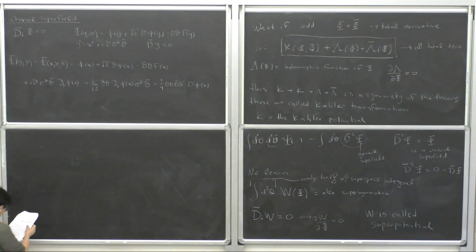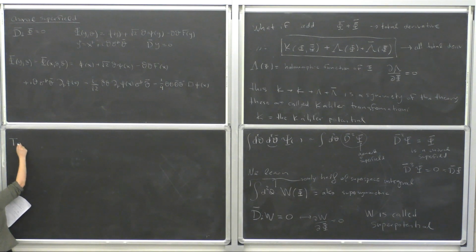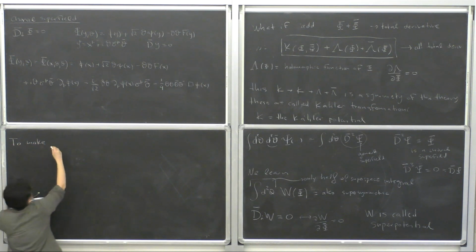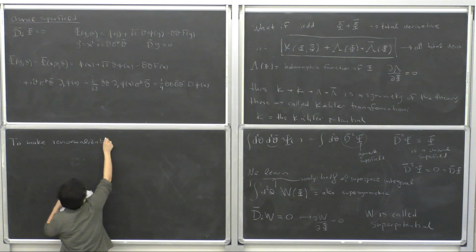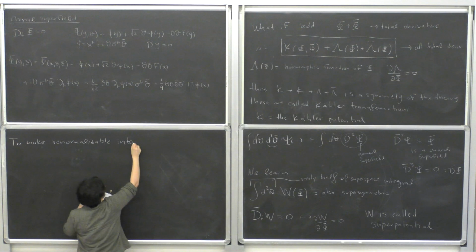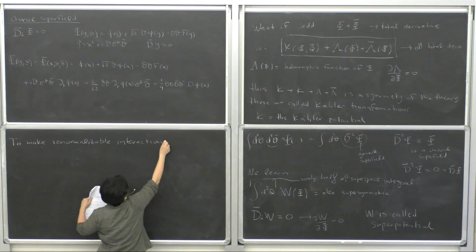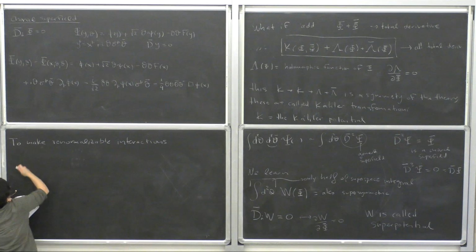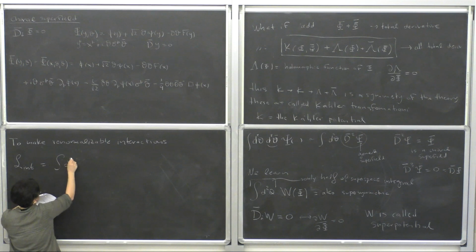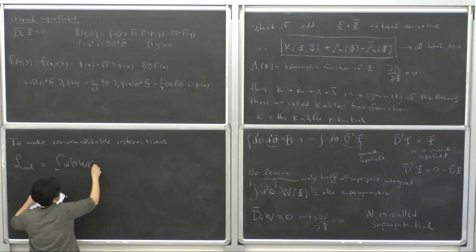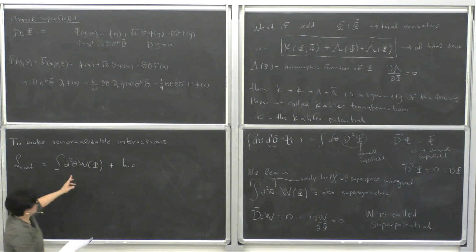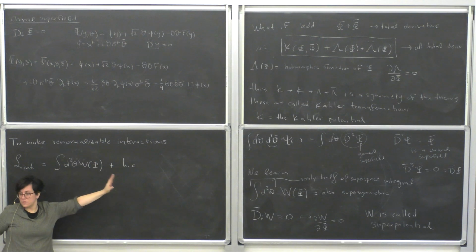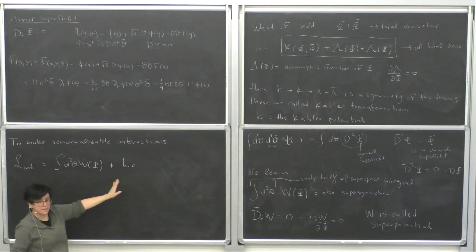So let's do this. And because I need it to be real, I always need to add the Hermitian conjugate, yes?